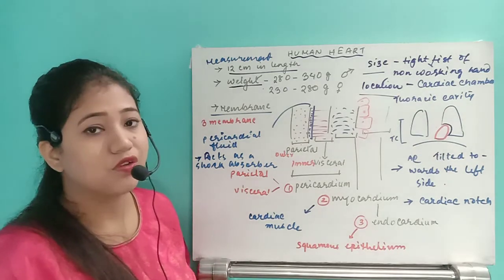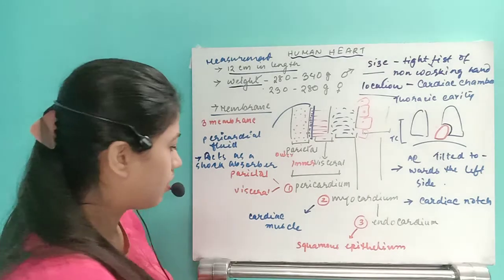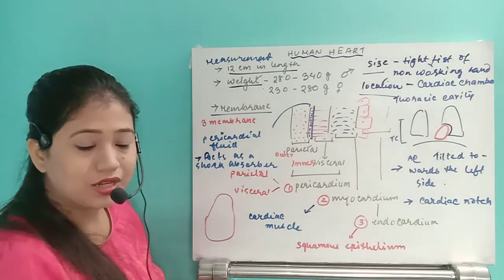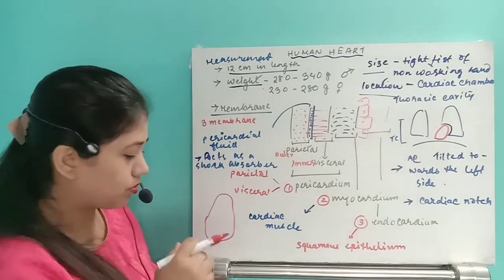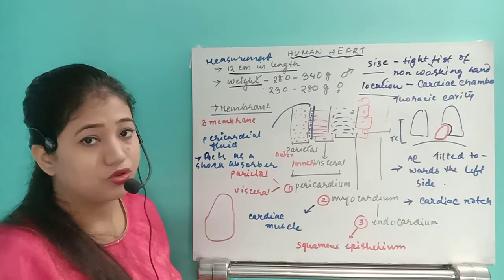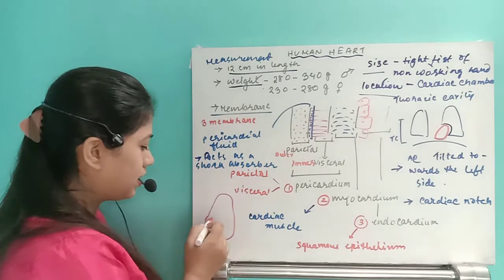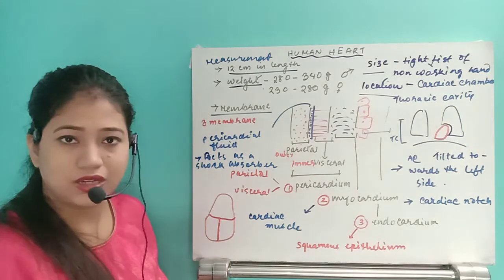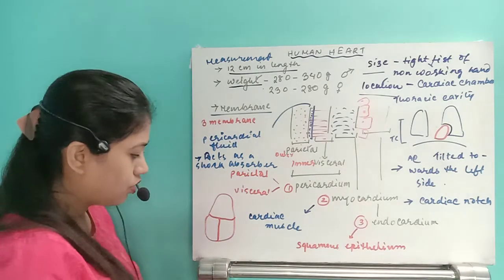Before the functioning of the heart, you need to know what the heart looks like from outside. Is it possible that you can see the auricles and ventricles? No. What we will see here are two depressions. So what are they?